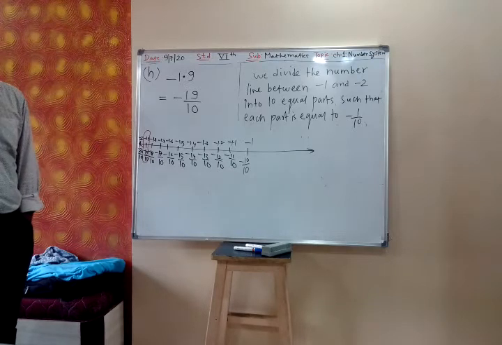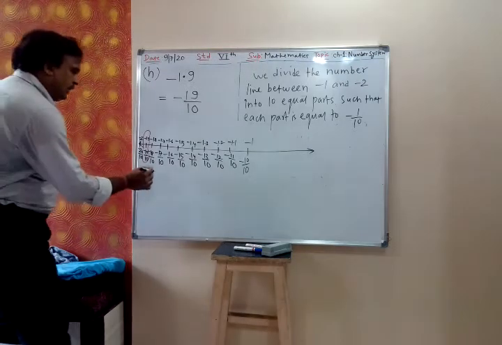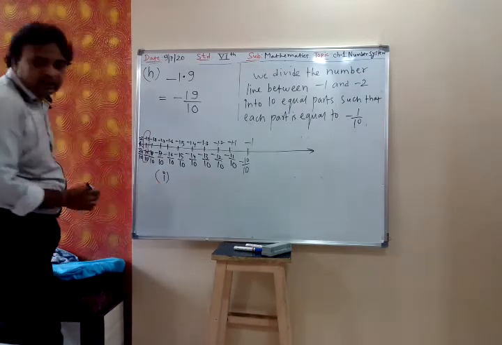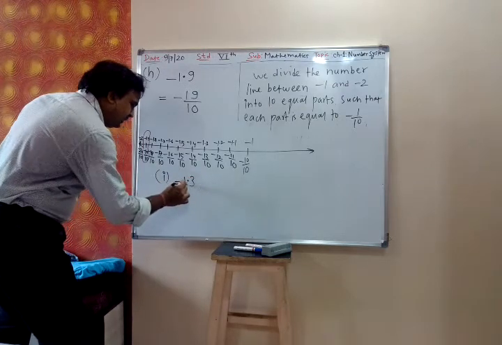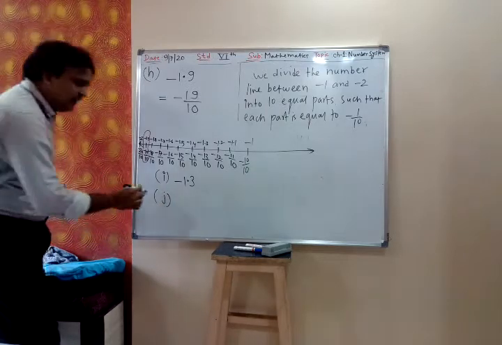Now two more sums are there which I am going to give as homework. I part is minus 1.3 and J part is minus 1.7.